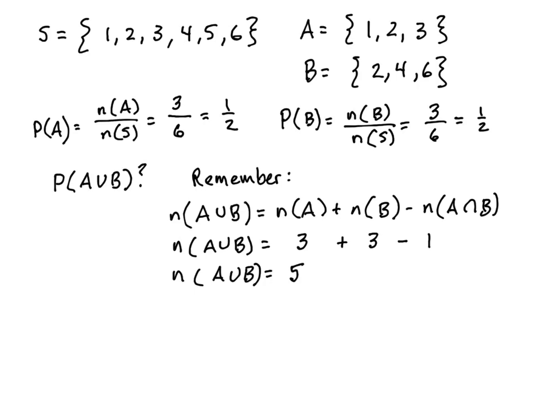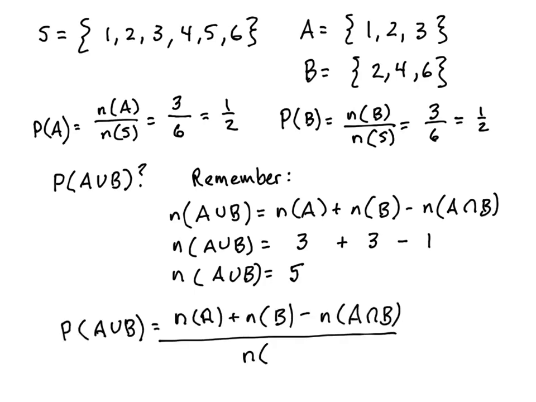So the probability of A union B, a small number or an even number, is that divided by the sample space, which is 5/6.